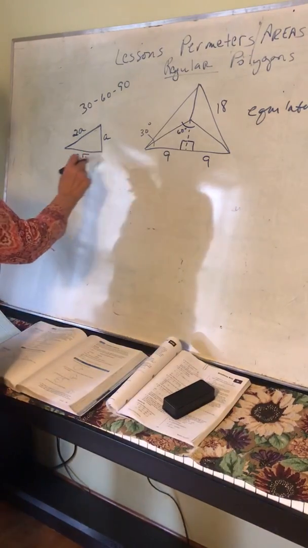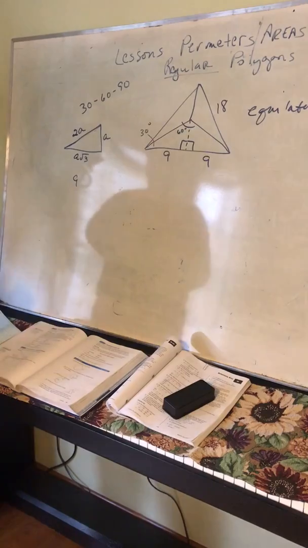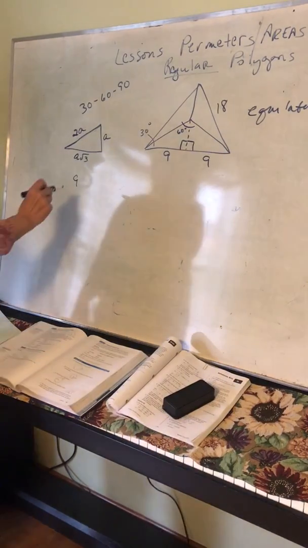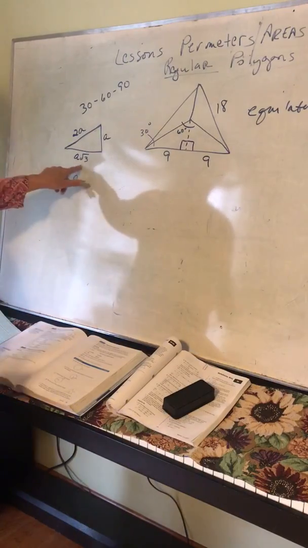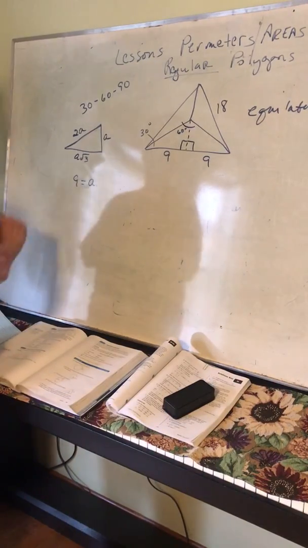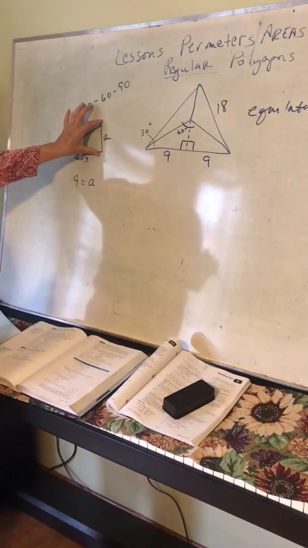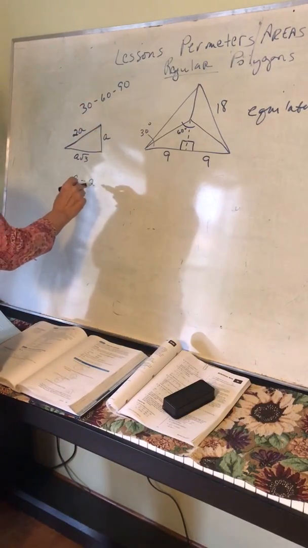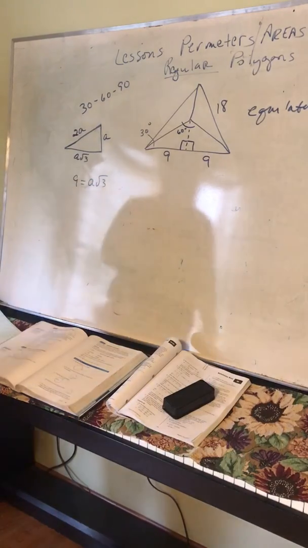This side is 9, which is equal to A times the square root of 3.